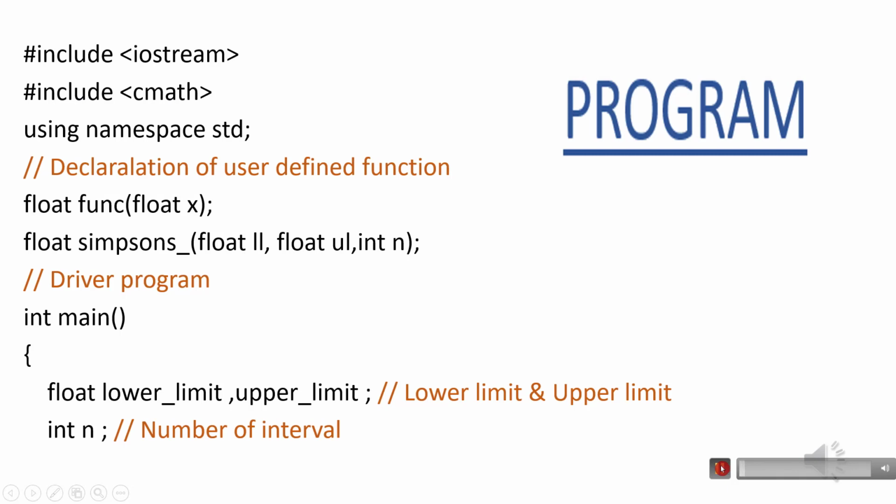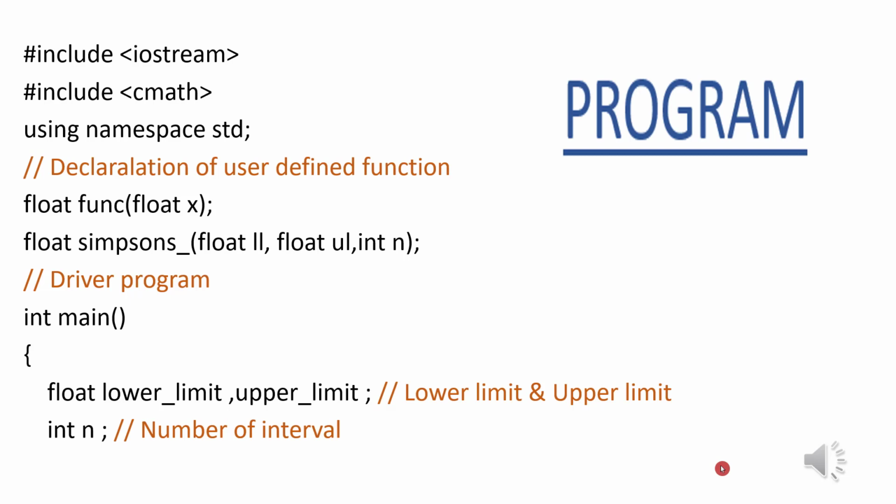We have seen the algorithm for Simpson's one-third rule. So let's discuss the C++ program to find the integral from 0 to 6 of 1 by 1 plus x squared dx, which was solved numerically. First, header files are given: hash include iostream, hash include cmath. Using namespace std, function declaration is given.